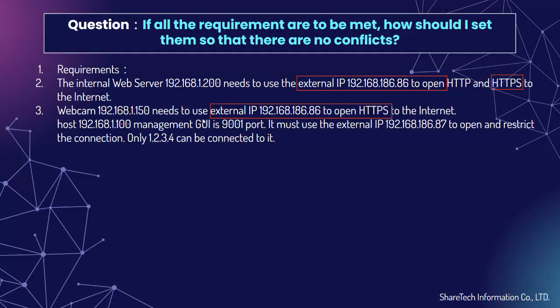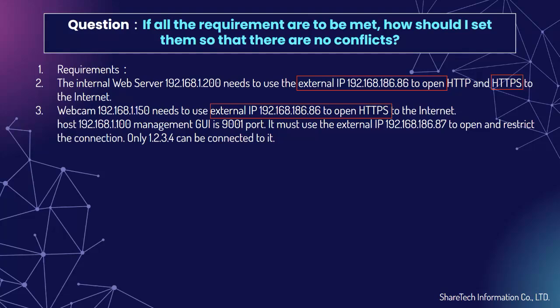Then we have a question: if all the requirements are to be met, how should I set them so that there are no conflicts? We have built rules for each requirement in the previous steps. When setting, we must ensure that all three rules can meet the requirements.